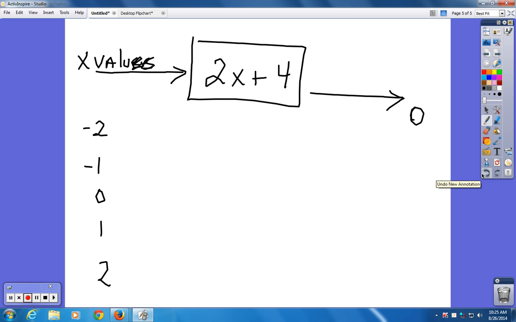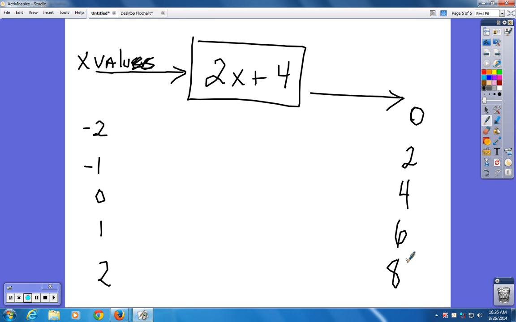What's -1 times 2, plus 4? Positive 2. 0 times 2 plus 4. 1 times 2, 2 plus 4. 2 times 2 is 4 plus 4 is 8.